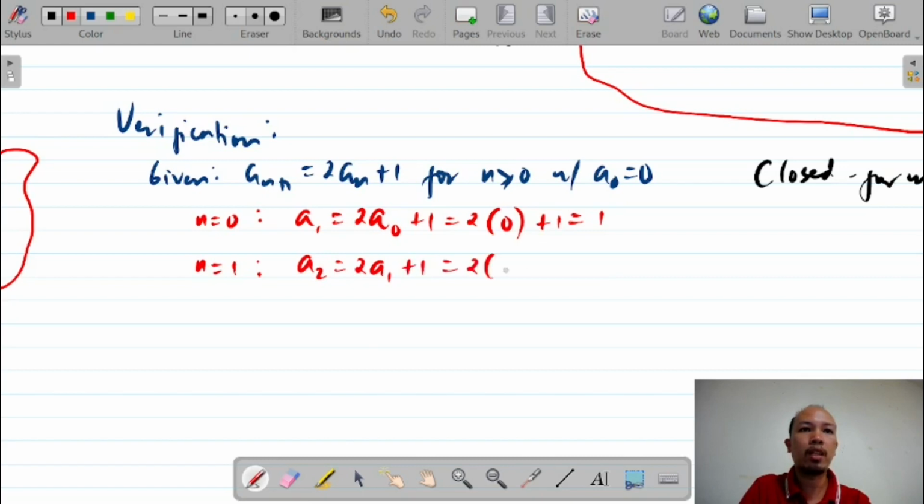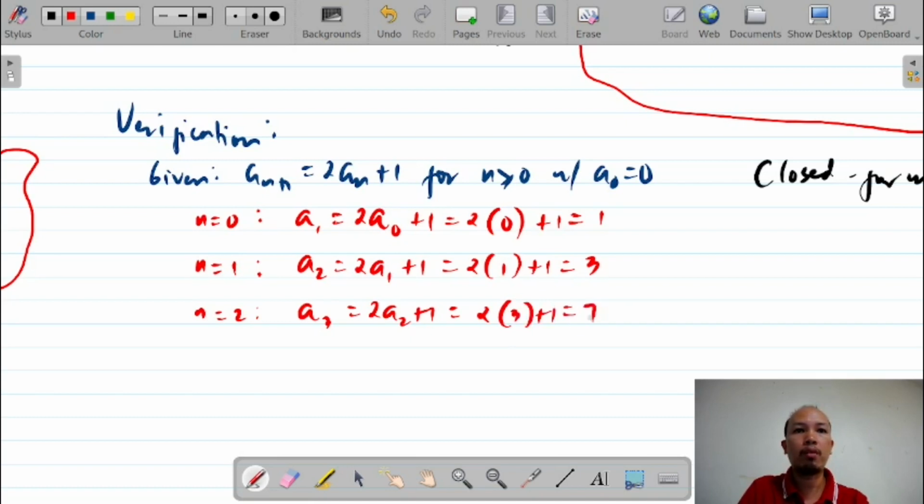So this is 2 times 1 plus 1, so this is 3. Okay, let's try more. N is equal to 2. A sub 3 is equal to 2 a sub 2 plus 1. 2 times a sub 2, which is 3, plus 1 is equal to 7.